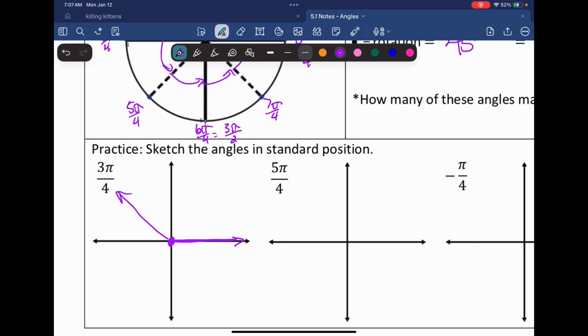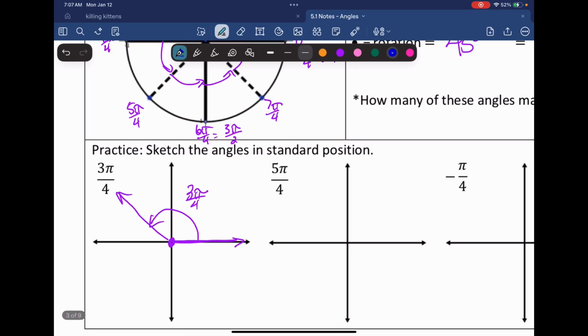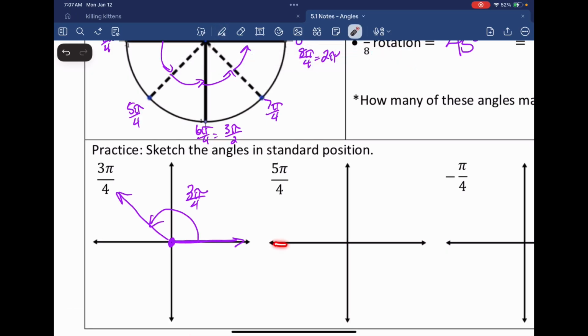I'm not going to sketch perfectly, but it is what it is. Then I've got 5 pi over 4, so it took 5 of them. It takes 4 to go half a rotation around, so 5 puts me in here.